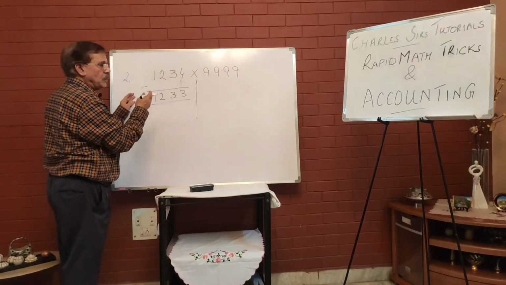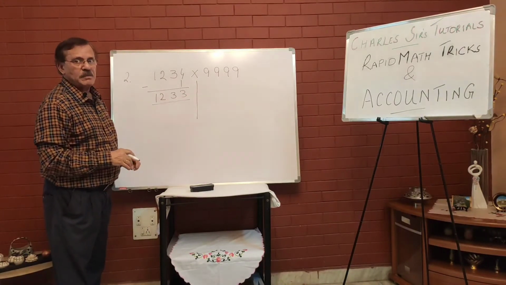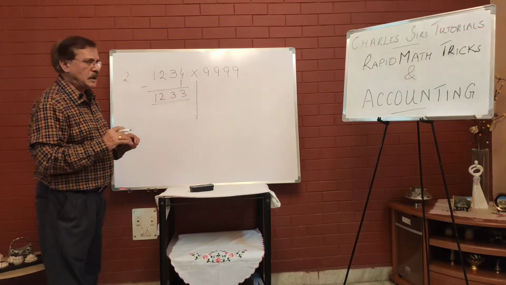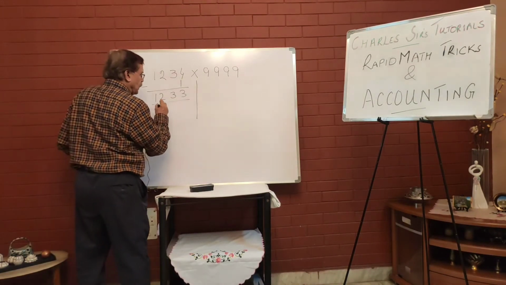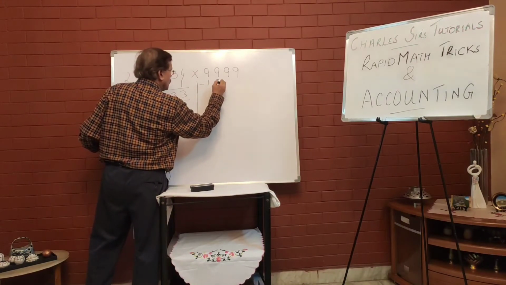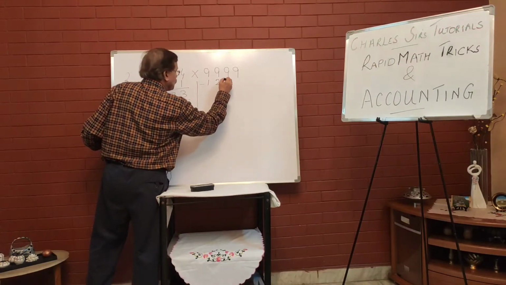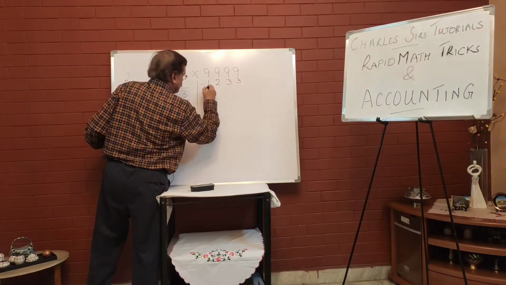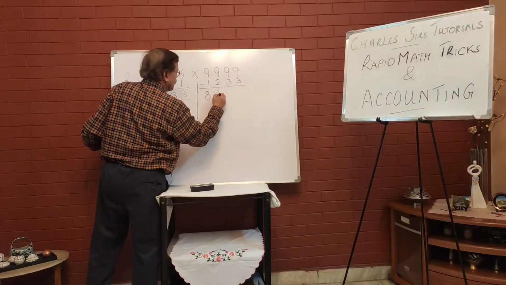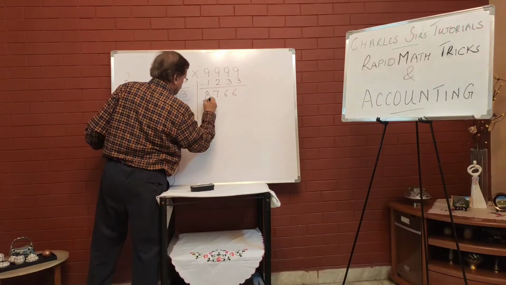Now you can see I'm doing from left to right, right? Because I have to just subtract 1 only. All the other numbers are greater than 1. Now this minus from 9,999, 1, 2, 3, 3. So what is left? 8, 7, 6, 6.